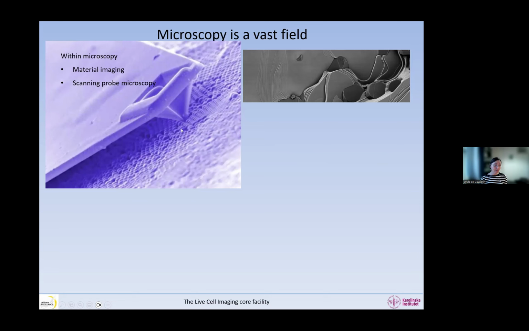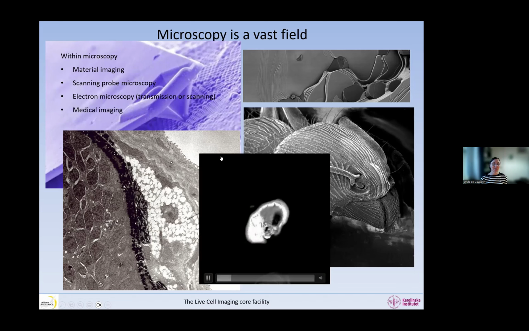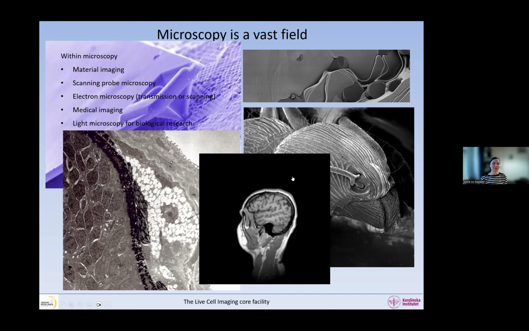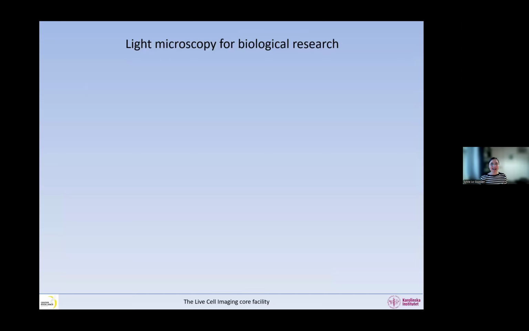Scanning probe microscopy is also another field that we do not deal with. Clearly, electron microscopy, there's transmission and scanning, and that's not what we're dealing with either. Medical imaging, you probably know as well. And then there is light microscopy for biological research. It's quite a narrow field, let's say, compared to the rest.